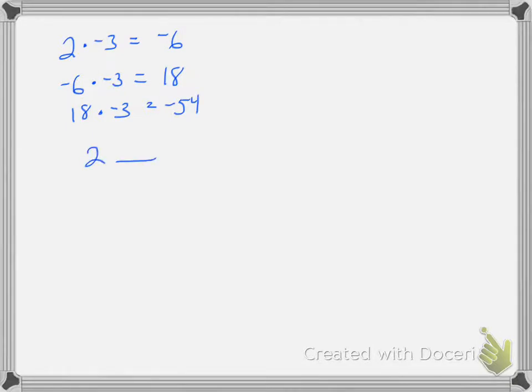So your two missing terms were negative 6 and positive 18. But what I want you to notice here is when the common ratio was a negative, what happened in the sequence is that every other number became negative.